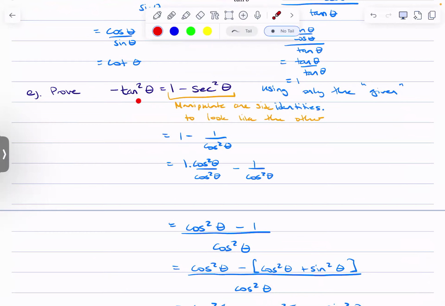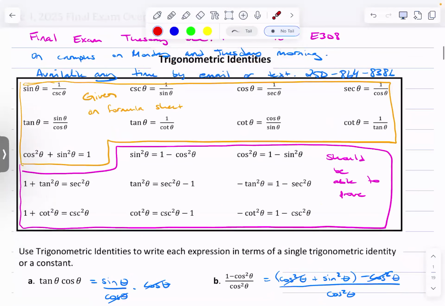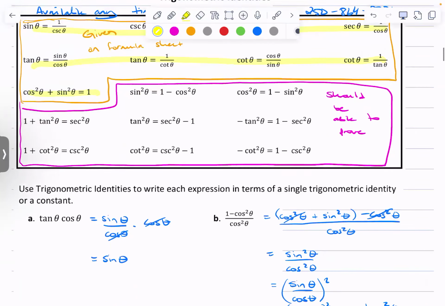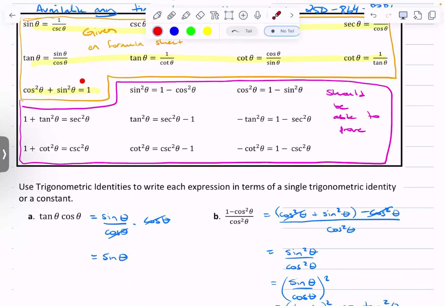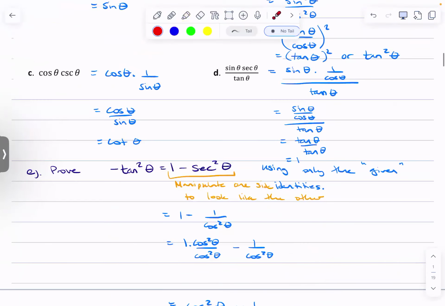Because there's a 1 plus tan squared theta identity. Oh, but you can only use these ones, because they're the ones that you'll have on your formula sheet. Otherwise, yeah, you could do that if you had them. But I decided to only give you those because otherwise it's too easy.